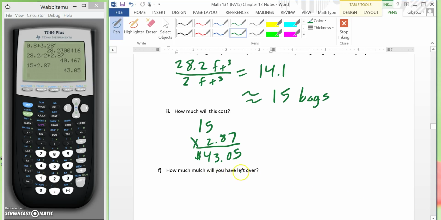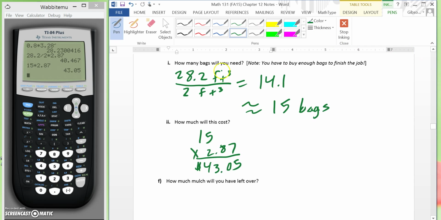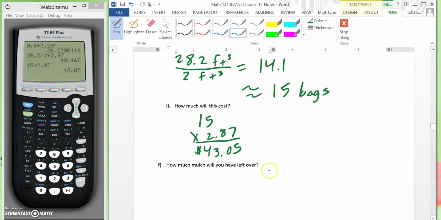Now, how much more will you have left over? Okay, now remember, we had 14.1 bags, but we had to get 15 bags. So we would have 15 minus 14.1, and that would leave us 0.9.